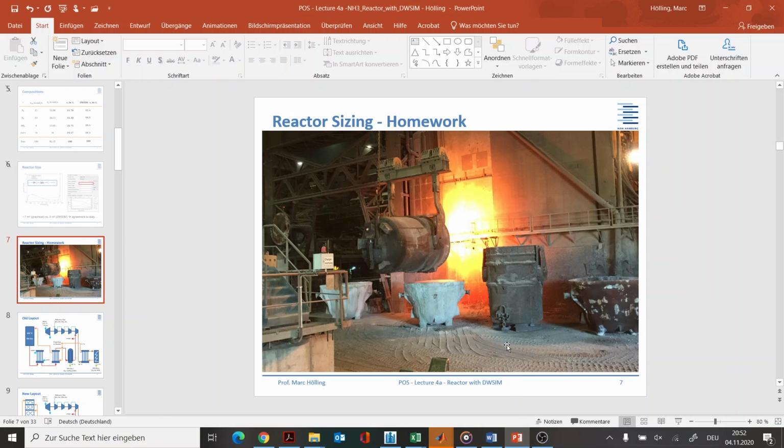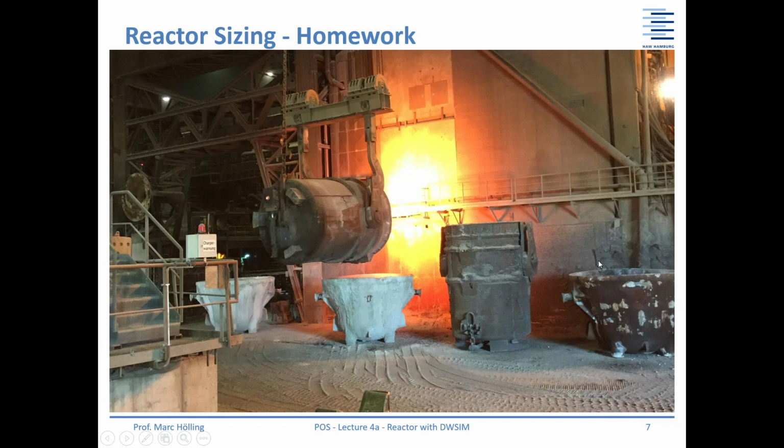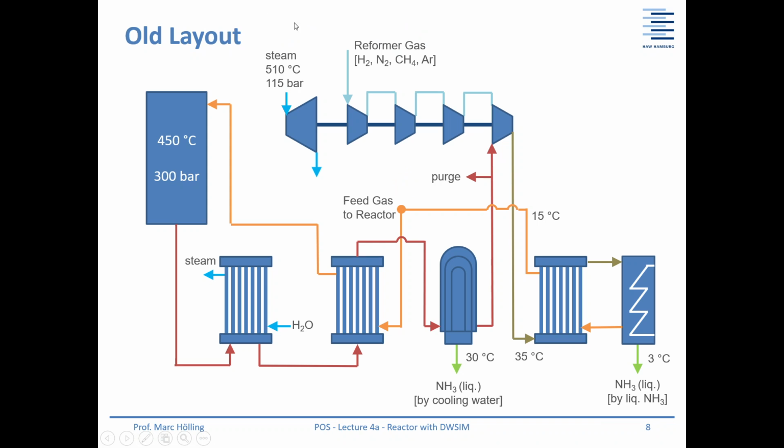Now let's go back to our presentation and to our process layout. If you remember, I showed you this graph. And here I just said, okay, this is like a black box. We have here our reactor. It should operate at 450 degrees Celsius and 300 bars. And from the things I told you so far, you might know that it's not possible to have a uniform temperature inside the reactor.